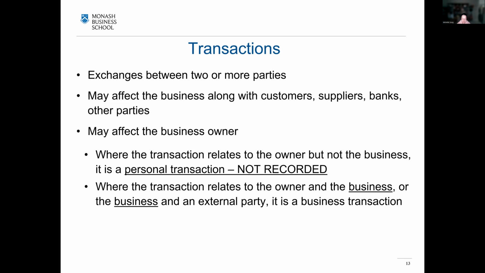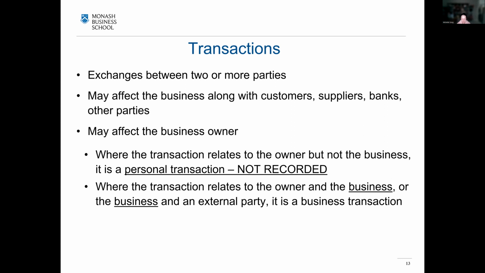For example, as the owner of a restaurant, I use my own money to purchase flowers for my personal use. This transaction is not a business transaction, as the business, the restaurant, is not affected. This is an example of a personal transaction. It has nothing to do with the business. Therefore, we do not record this transaction.